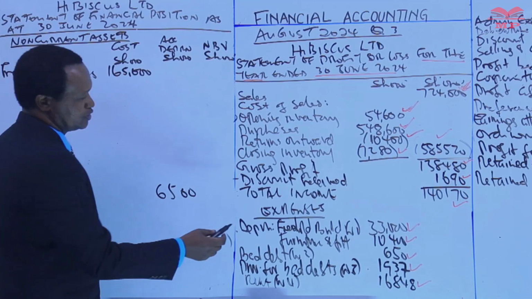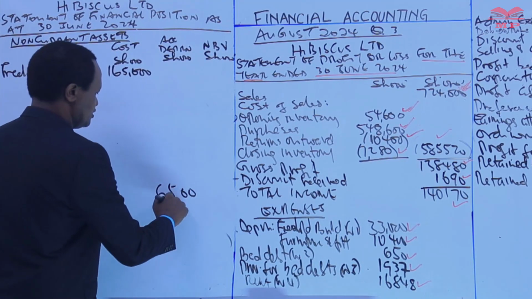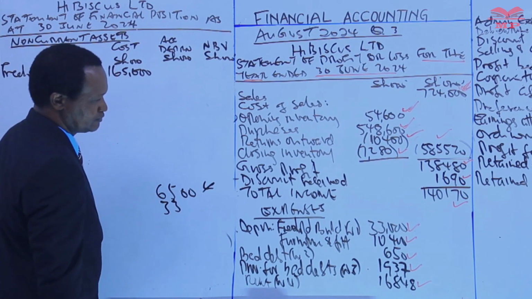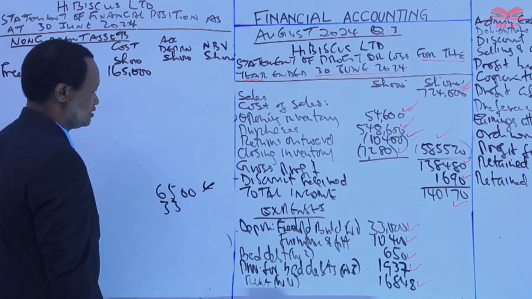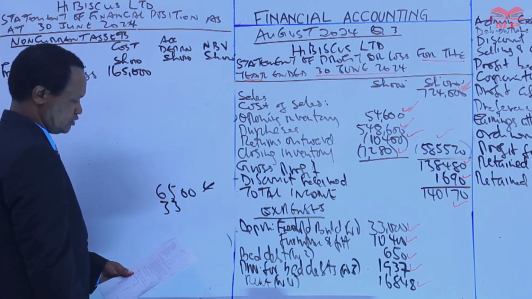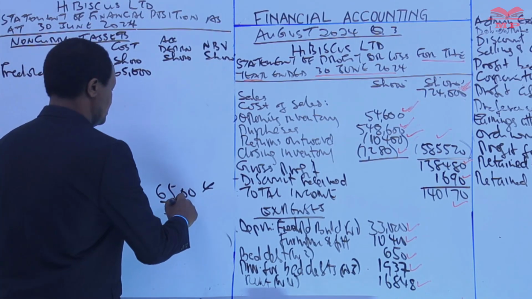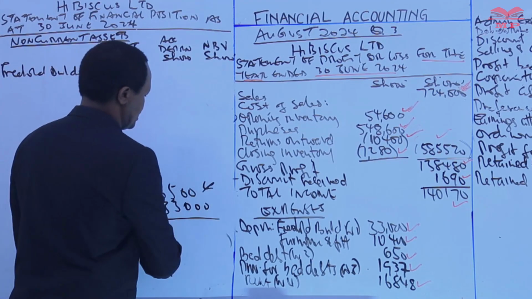The depreciation of freehold buildings for the year is 33. At the beginning is 6.5. Looks strange, is it not? Accumulated 6.5, and this one is 33 million. So we get the total.